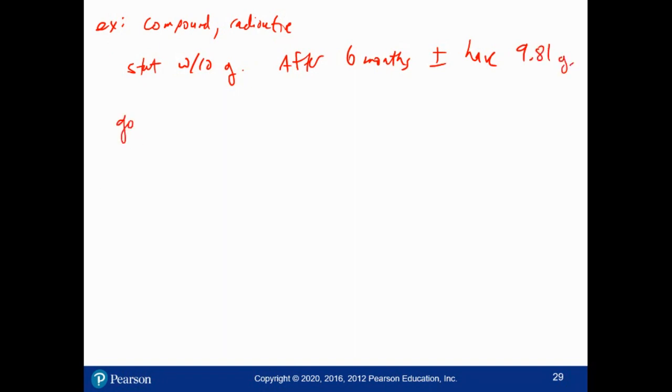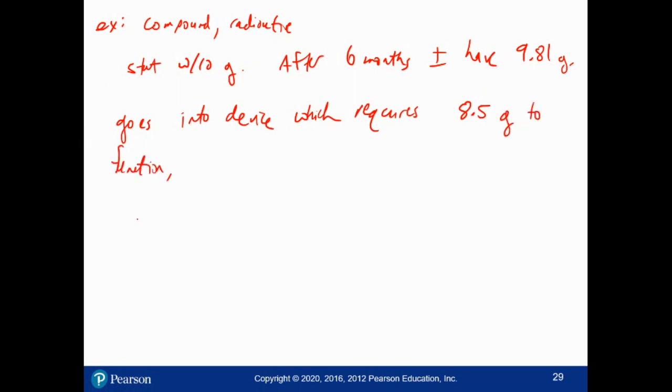Okay, it goes into a device which requires, let's say, 8.5 grams to function. When does the device stop functioning?